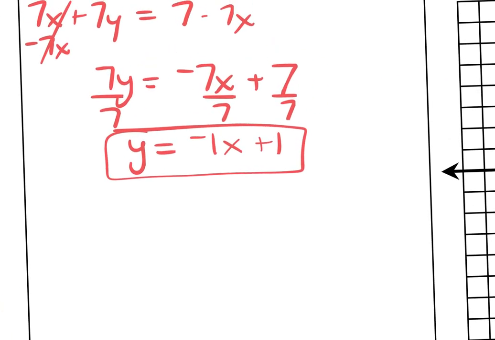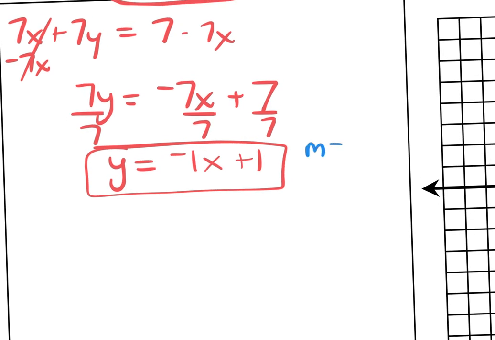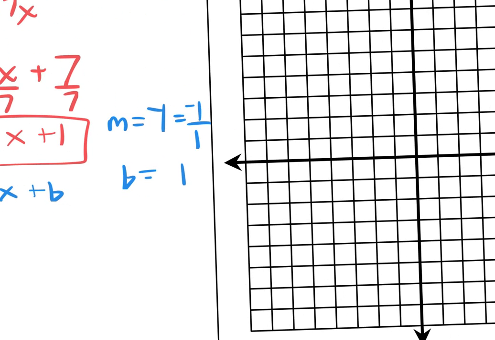Okay, Justin, what's the slope? Negative 1. Good. And if you want to make it a fraction, guys, you could say negative 1 over 1. Rise over run. Okay, Jose, what's the y-intercept? Good. Y-intercept is 1.